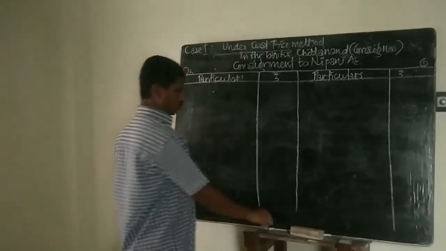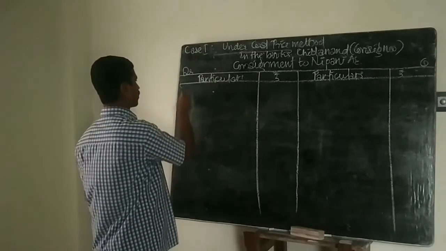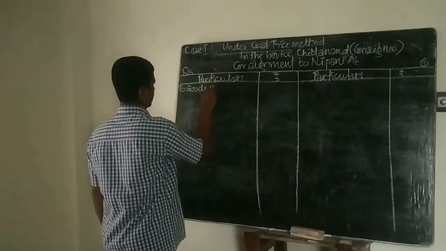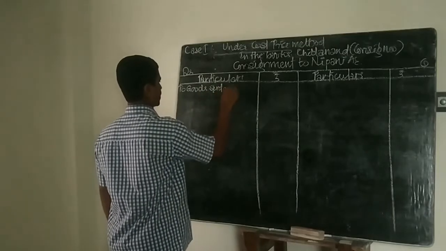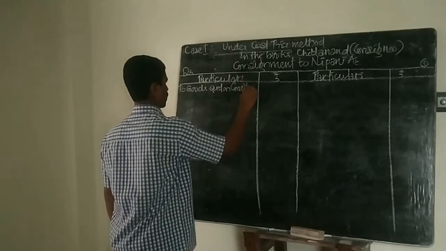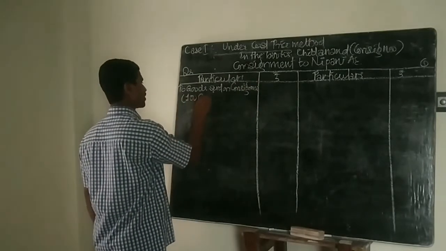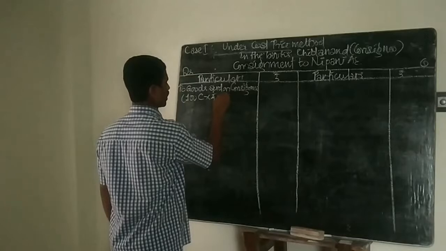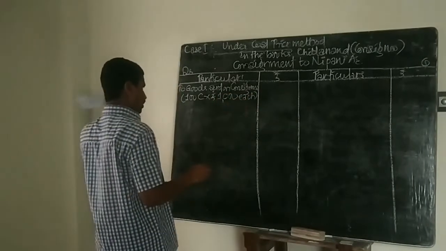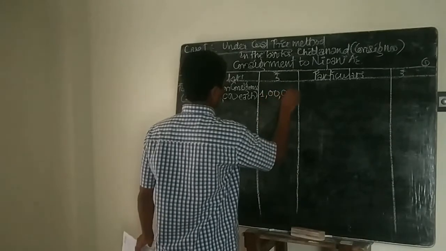Right. So when the goods are sent to consignee, then the entry will be consignment account debit to goods sent on consignment. So 100 cycles were sent, so 100C into rupees 1,000 each. So it will be 1 lakh.